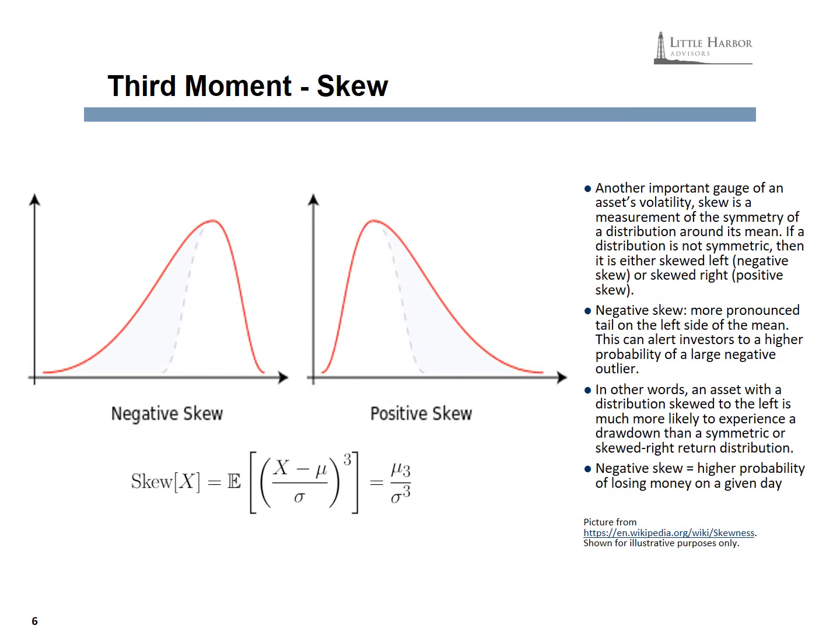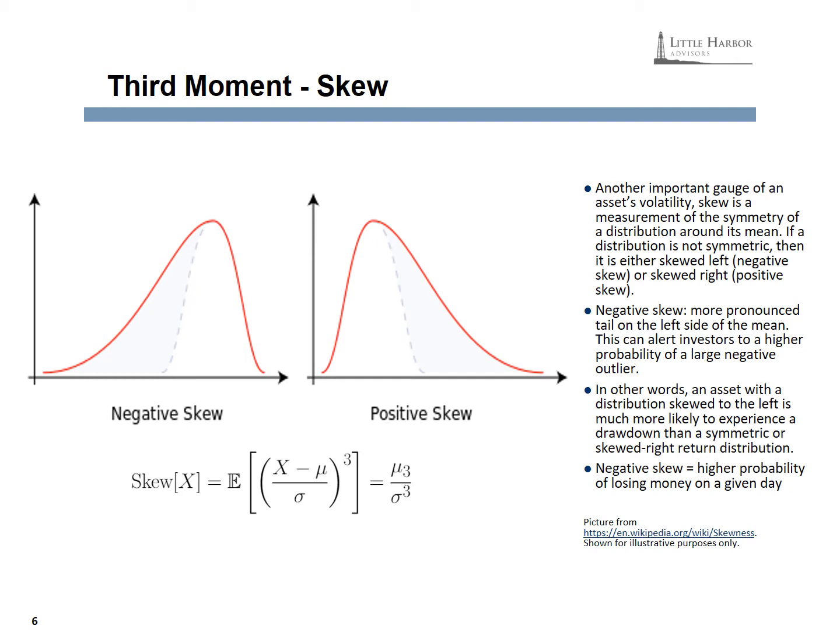Another important gauge of an asset's volatility is skew, which is a measurement of the symmetry of a distribution around its mean. If a distribution is not symmetric, then it is either skewed left, negative skew, or skewed right, positive skew. The term left tail risk refers to a negative skew or a more pronounced tail on the left side of the mean, which alerts investors to a higher probability of negative returns.